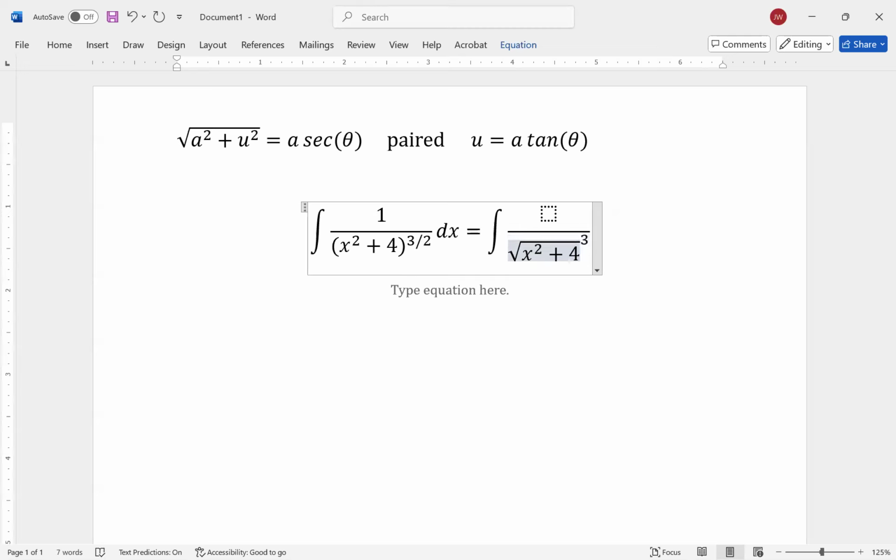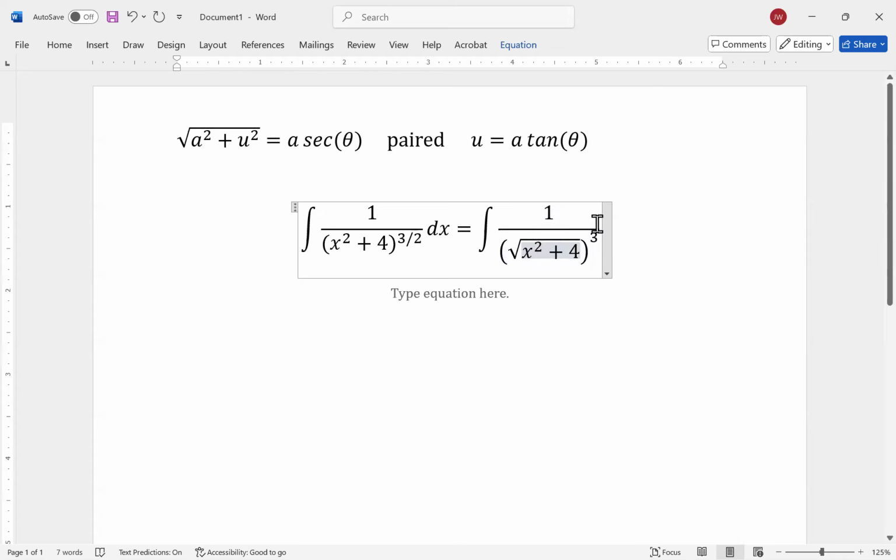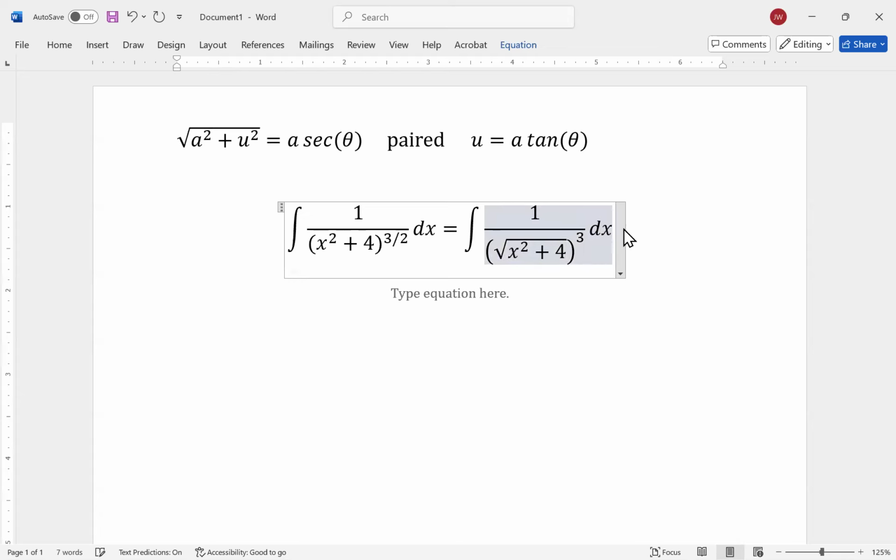Okay, let me write that in parentheses. There we go. That's a little bit better. And then I'm integrating that with respect to x.